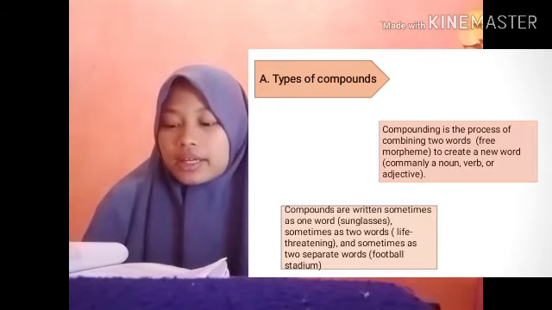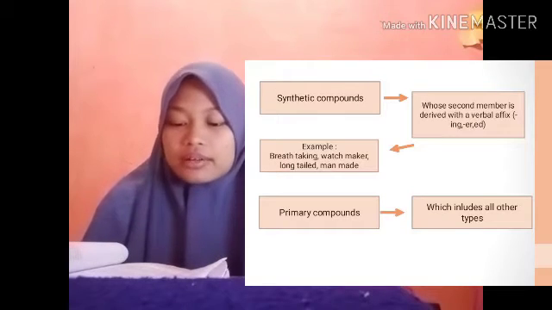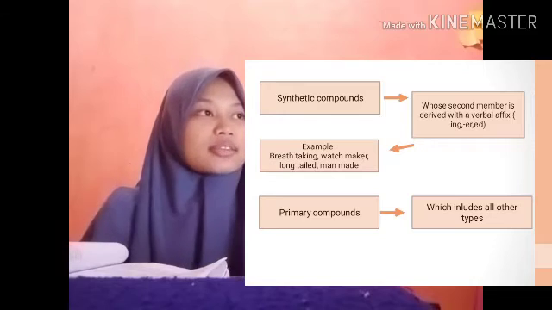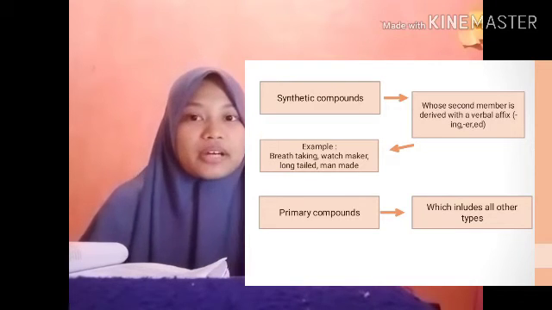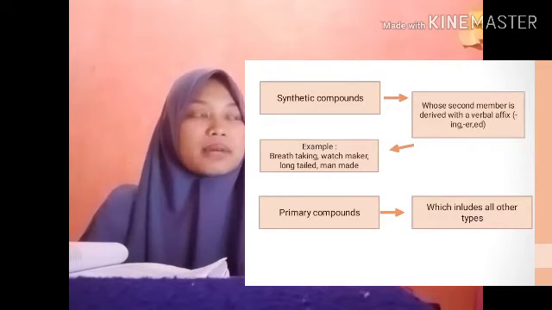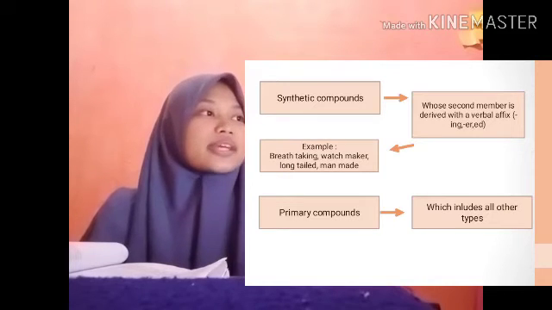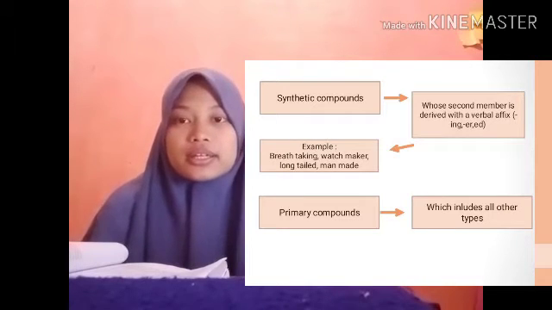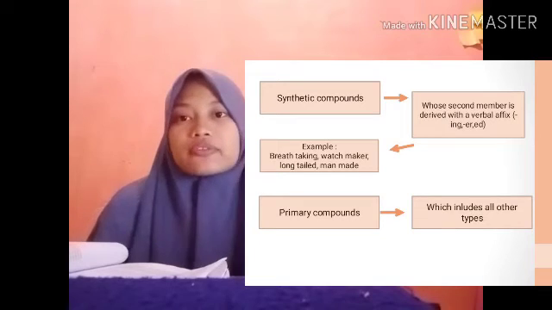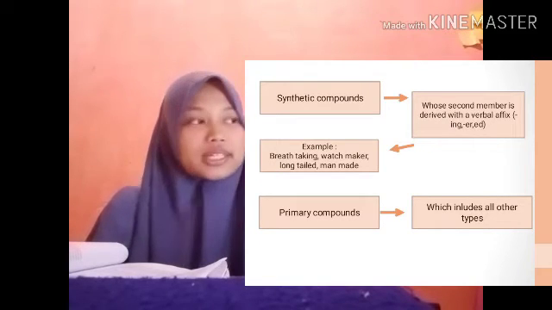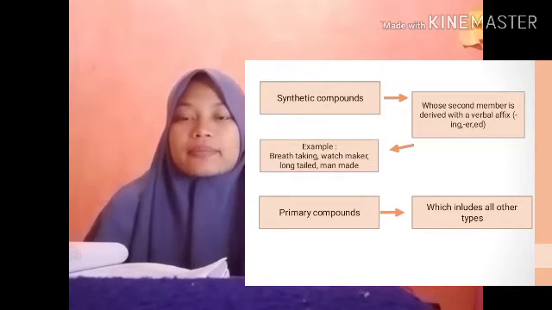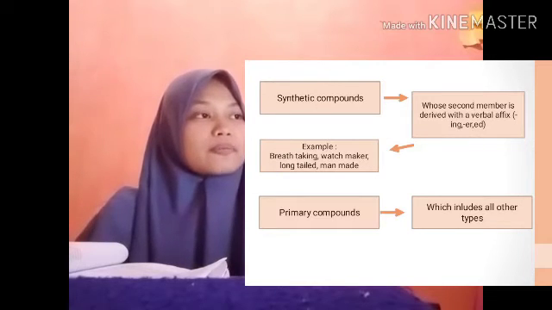Next, the types of compounds recognized in English are synthetic compounds and primary compounds. A synthetic compound is one whose second member is derived with a verbal affix like -ing, -er, and -ed at the end of the word.